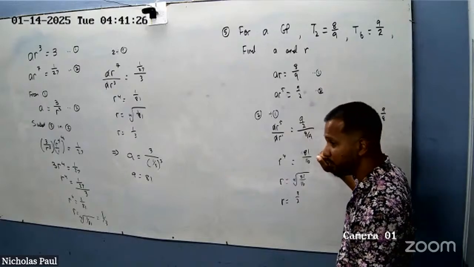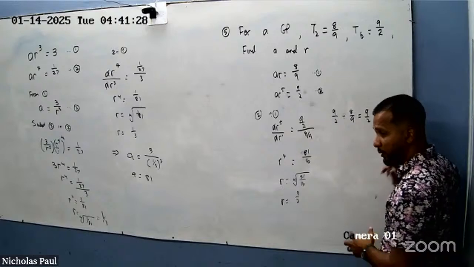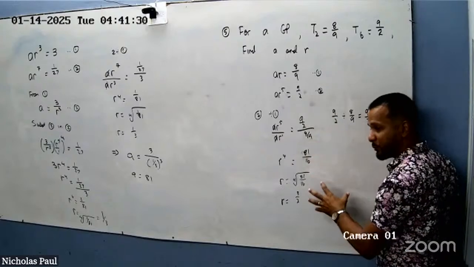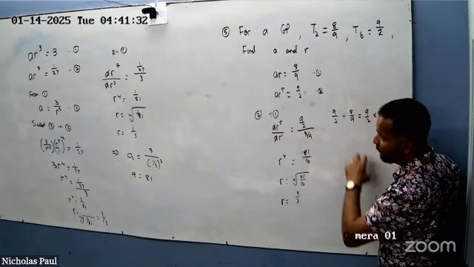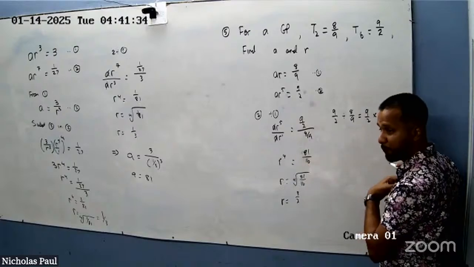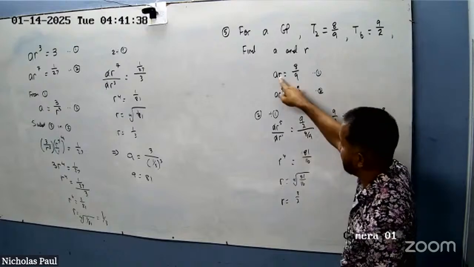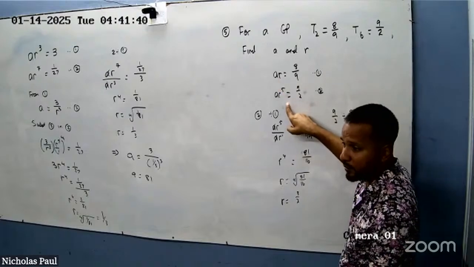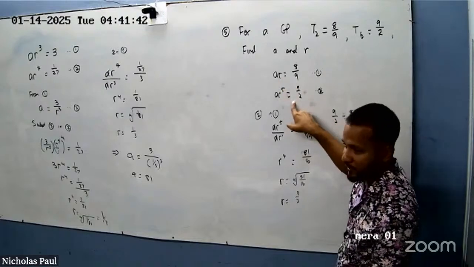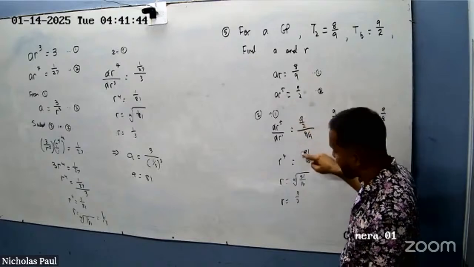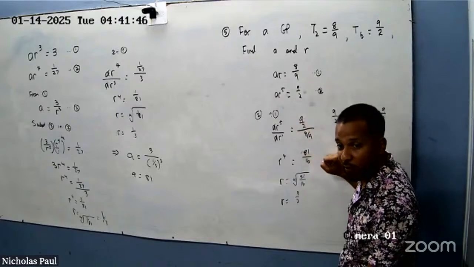So this is what we are to get practice with. That's how you do plenty of different variations. You'll understand the concept of a GP. This is it here. Once you can write this, it means you understand AP and GP. But if you're struggling here, we get to practice solving.